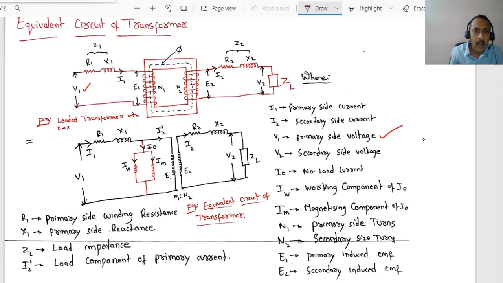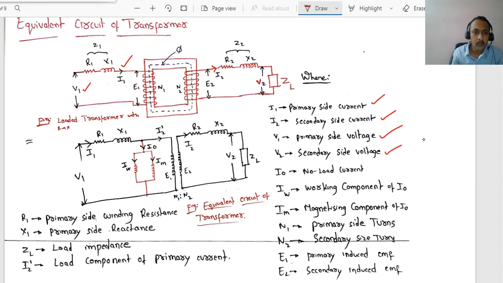And V2 indicates secondary side voltage. Similarly, I1 indicates primary side current, and I2, here observe, I2 indicates secondary side current. With respect to these four terminology, you won't feel any difficulty. Most of the students are writing these four: V1, I1, V2, I2, right?